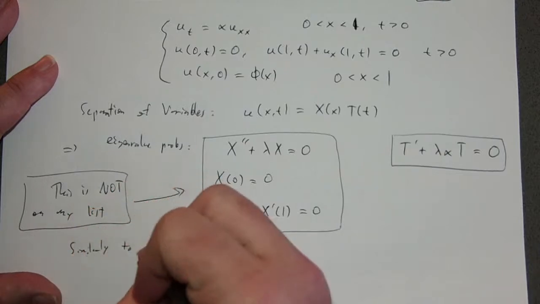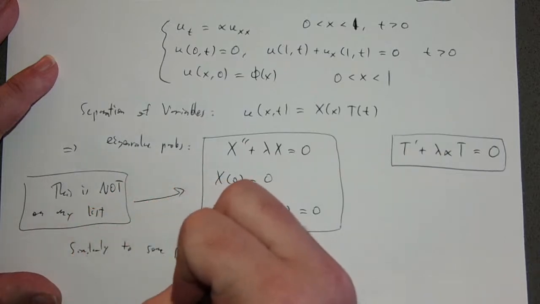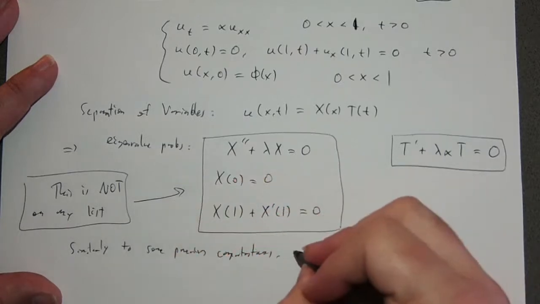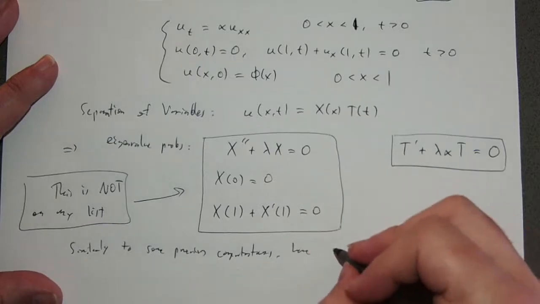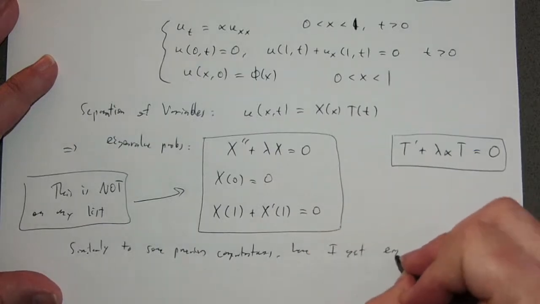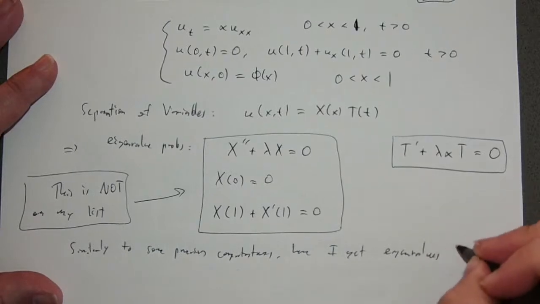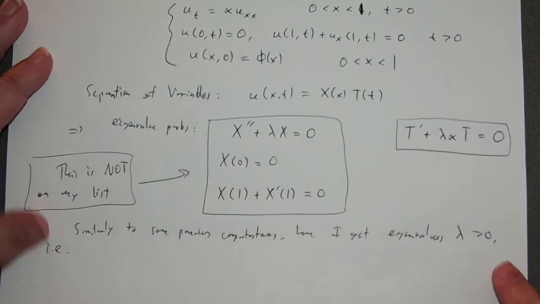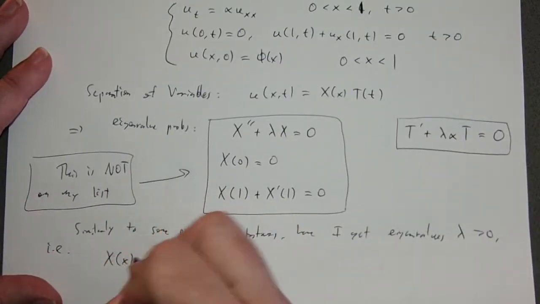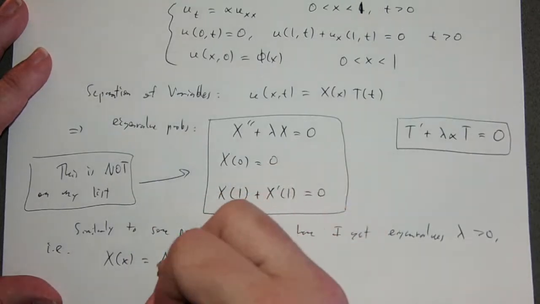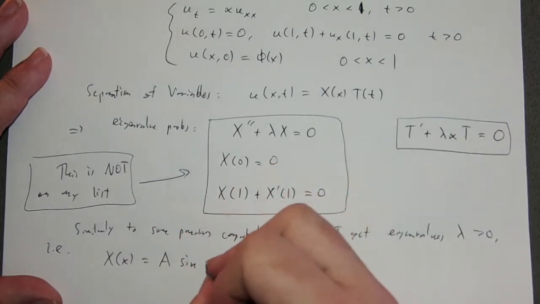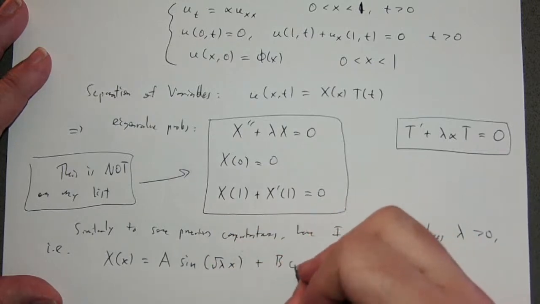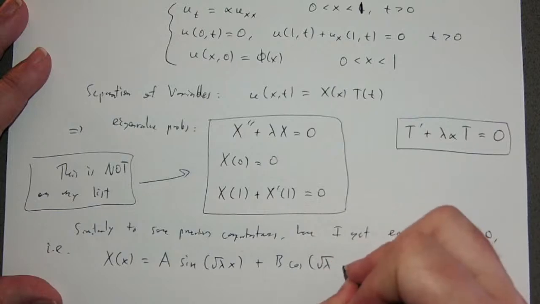Similarly to some, not all, some previous computations, here I get eigenvalues that are positive, i.e., the form that X of x takes is a sine of square root of lambda x plus b cosine of square root of lambda x.